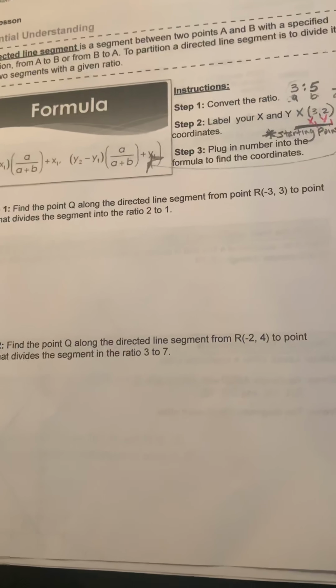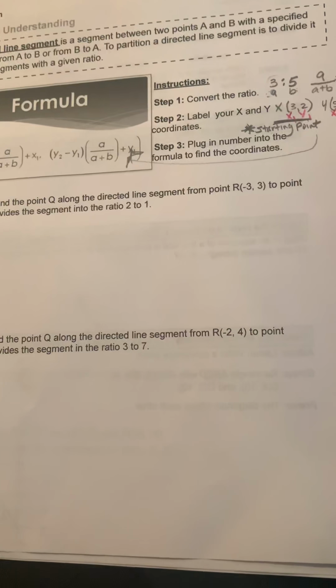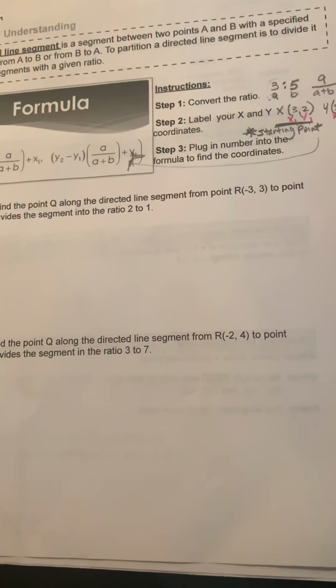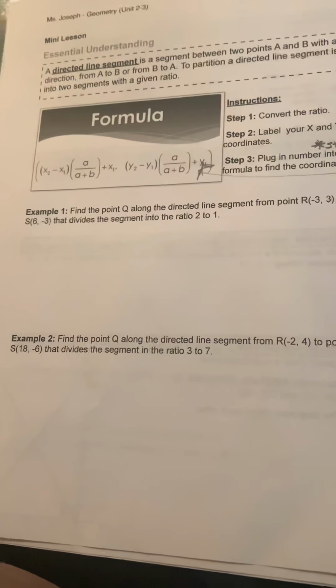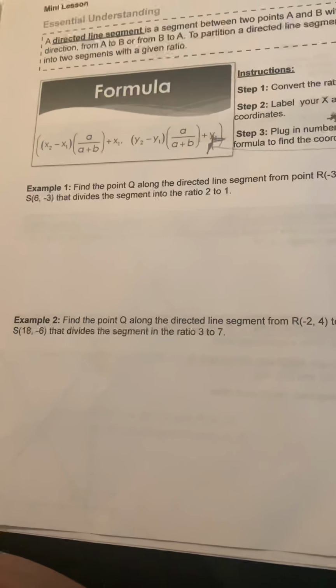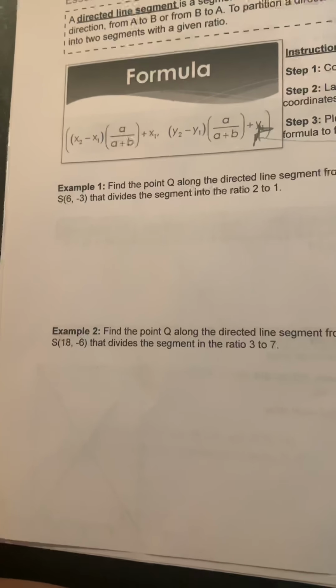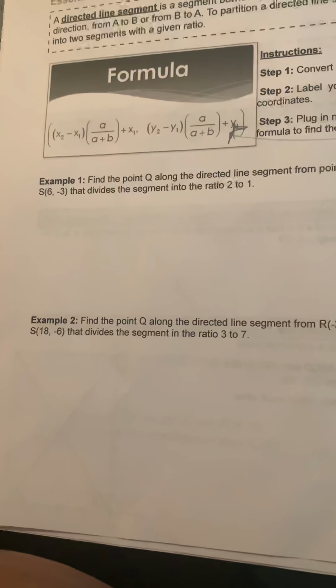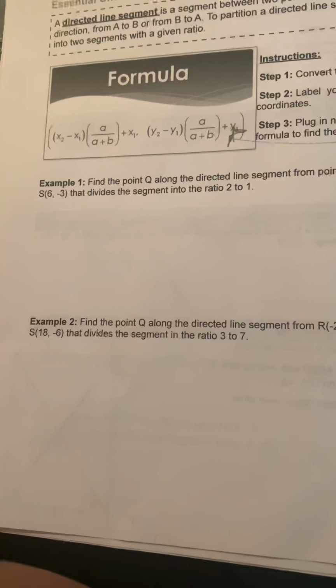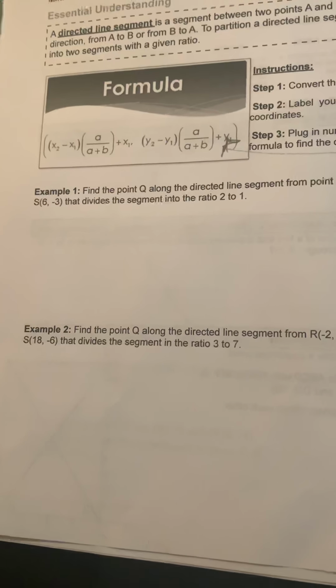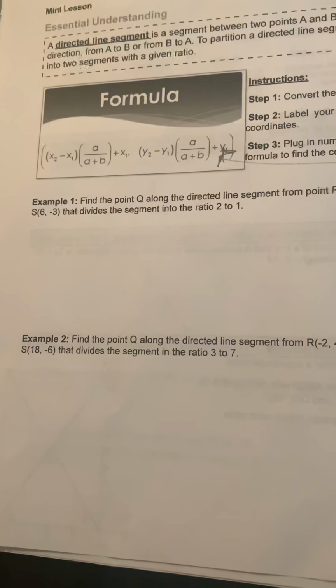So let's look at example 1. It says, find point Q along the directed line segment from point R(-3, 3) to point S(6, -3) that divides the segment into the ratio of 2 to 1. Let's extract some of the information.